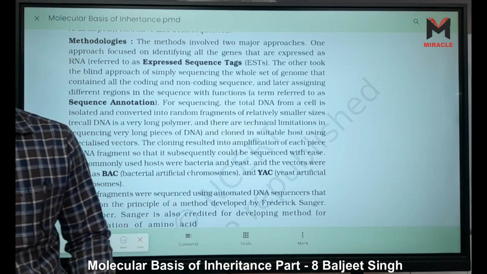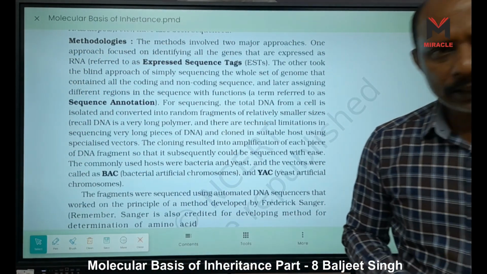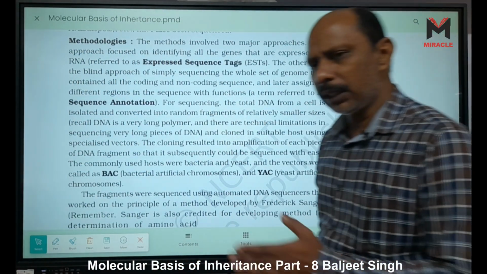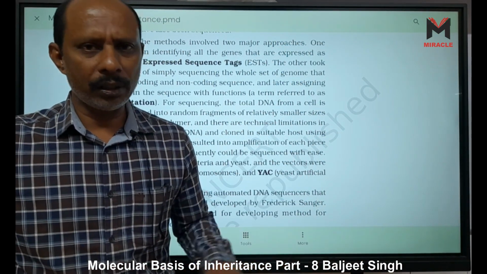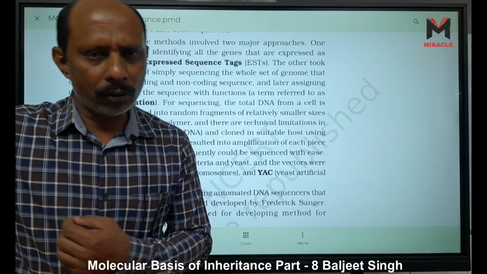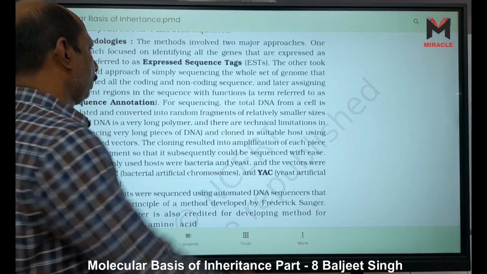Second, we sequence everything, whether transcriptionally active or inactive, that does not matter. We have to find out the sequence of all the nucleotides, all the base pairs. That is the two approaches. Simple.